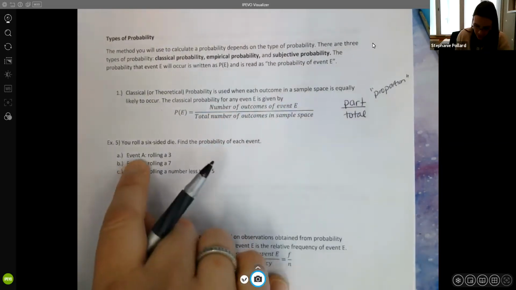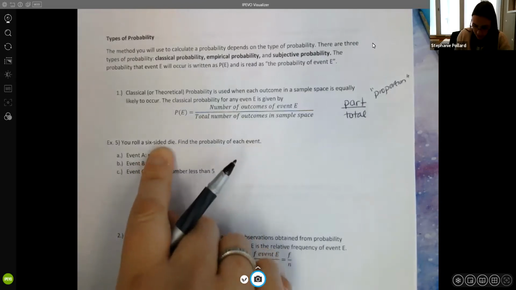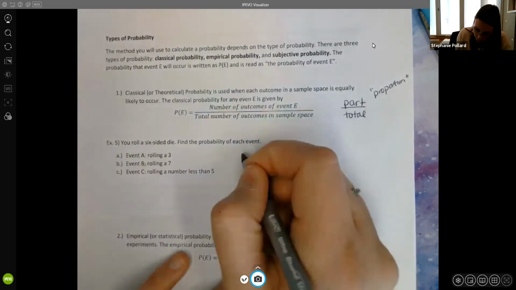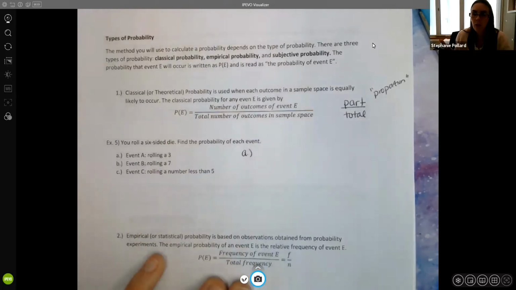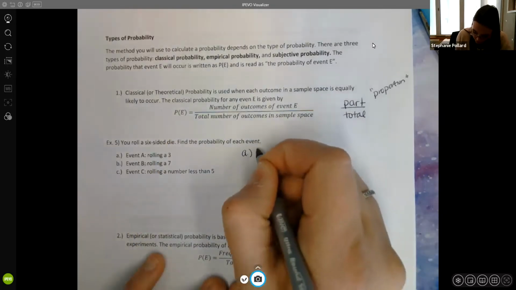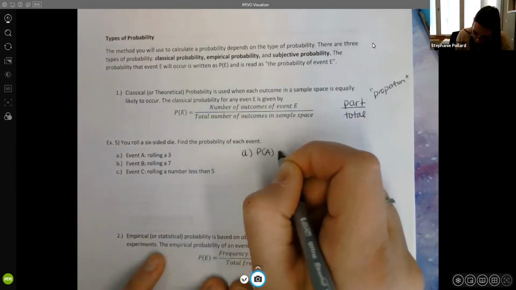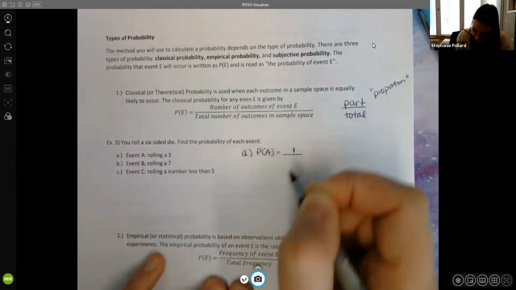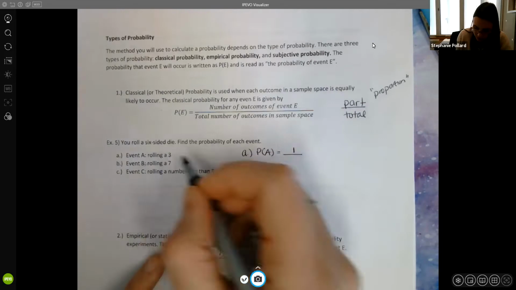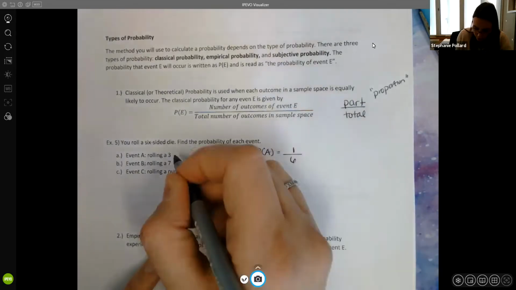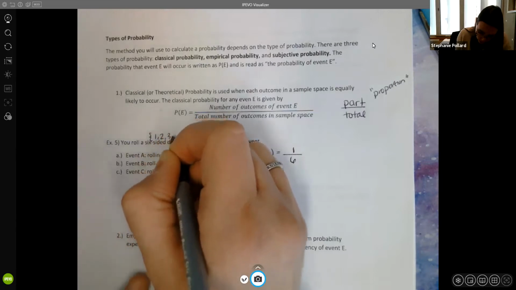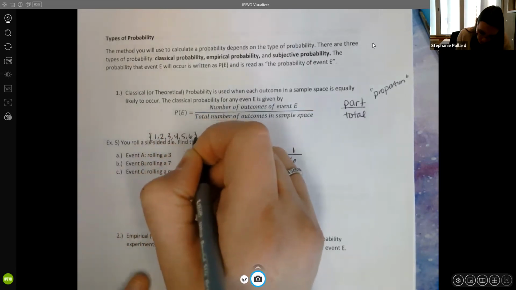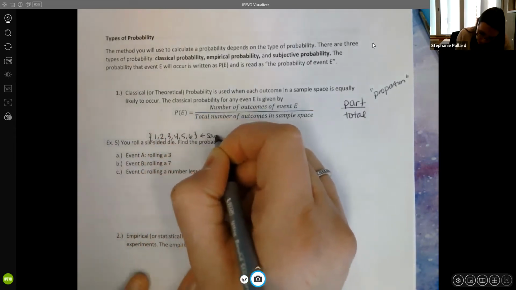So let's look at event A. Let's say you have our 6-sided die again, and you roll a 3. Well, there's only one way to roll a 3, right? You either get a 3 or you don't. So for the probability of event A, there's one way to roll a 3. And then there's 6 possible things that could happen. If you have a 6-sided die, you could get a 1, a 2, a 3, a 4, a 5, or a 6. So that's your sample space.